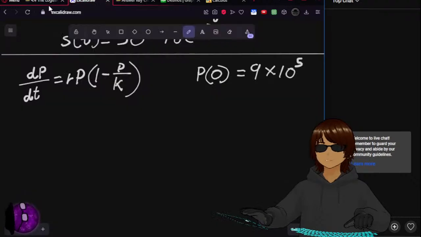Then K is, and then R is ln of 2 over 3.